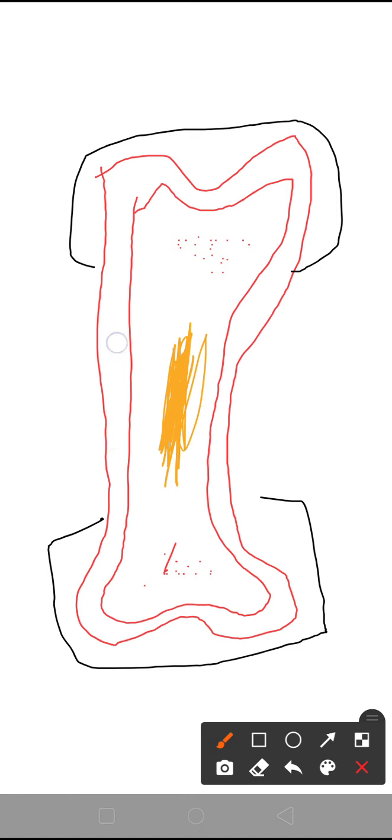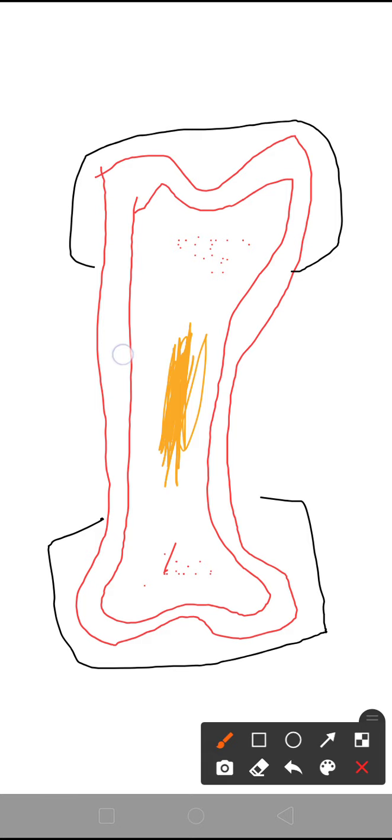If you see a bone, it is something like a pipe, a thickened pipe with a hole, like the pipe we use for water. This is the harder part made up of matrix, and this is the vacant part in which yellow bone marrow is found.